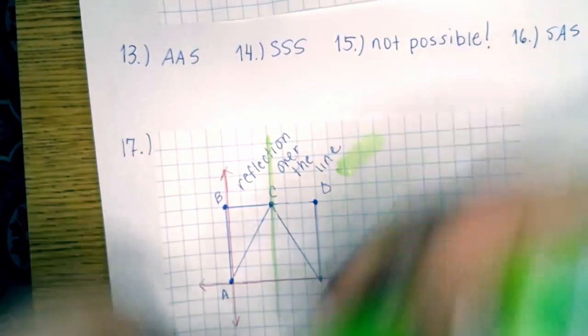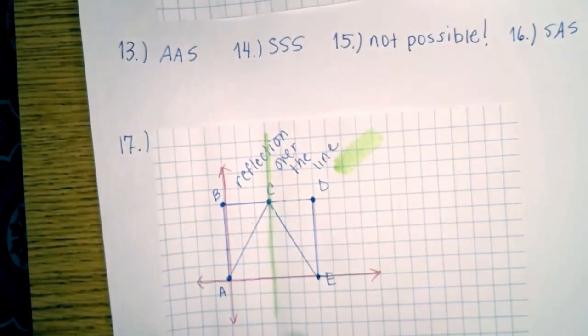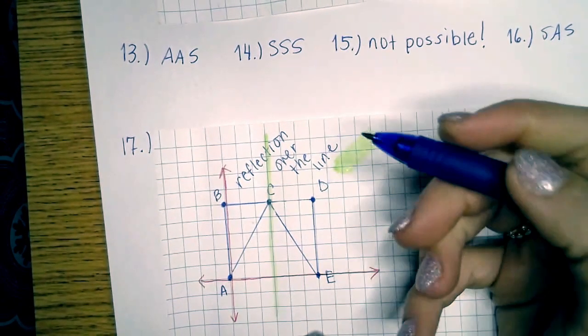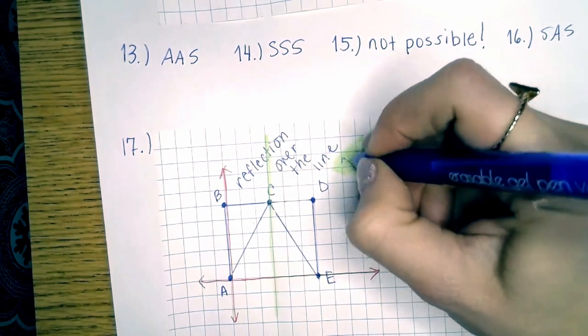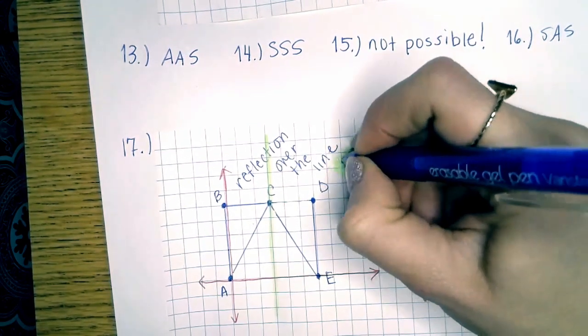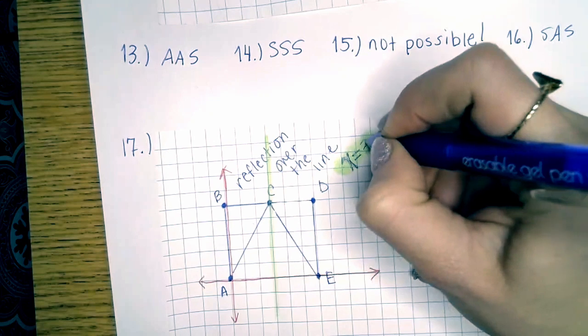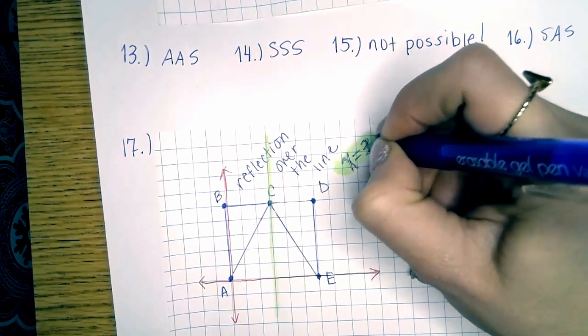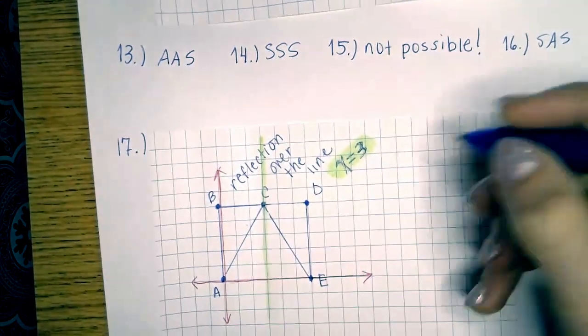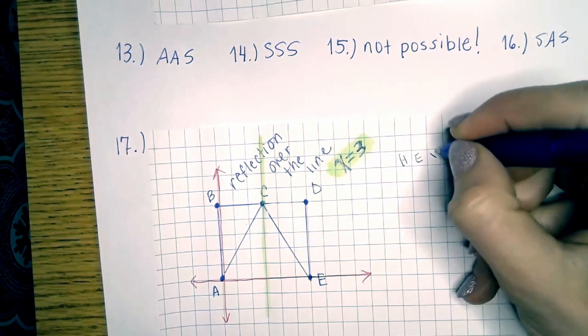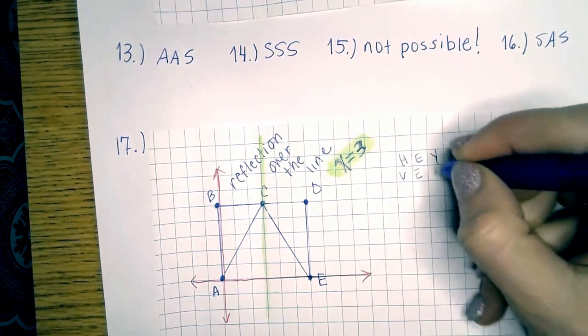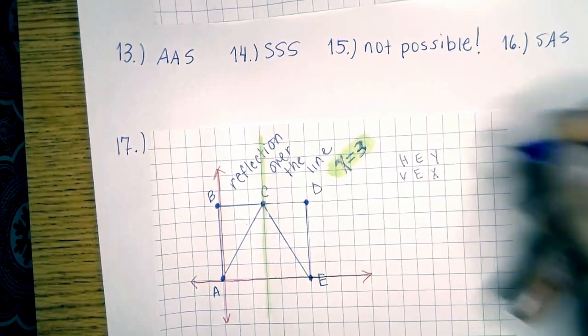It's a vertical line. Easy to remember? x equals 3. Beautiful. x equals 3. Vertical lines are always x equals something, and horizontal lines are y equals a number, right? I told you at the beginning of the year, I always remembered HOVY, VEX. Horizontal equations are y equals, and vertical equations are x equals.